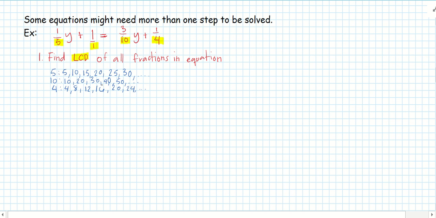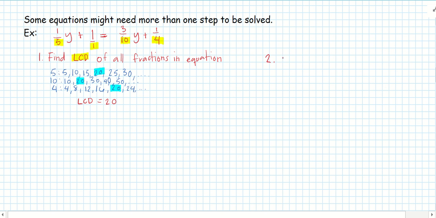What we want to do is find the lowest value that they all share, right? So from here I can see that 5 has 20, 10 has 20, and 4 has 20. So that means that my LCD equals 20. Okay? So that is the first step.